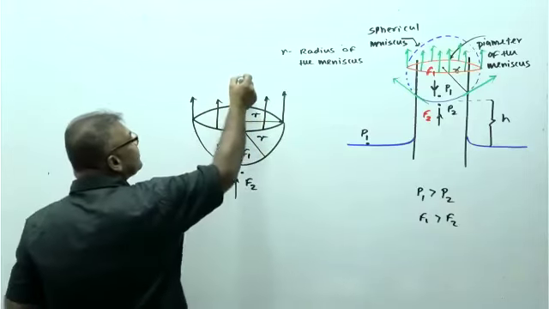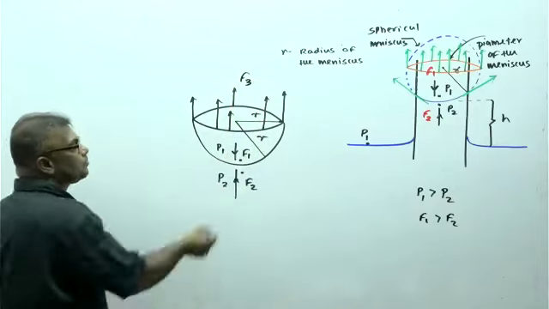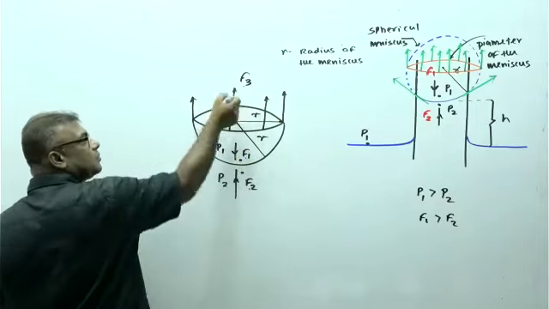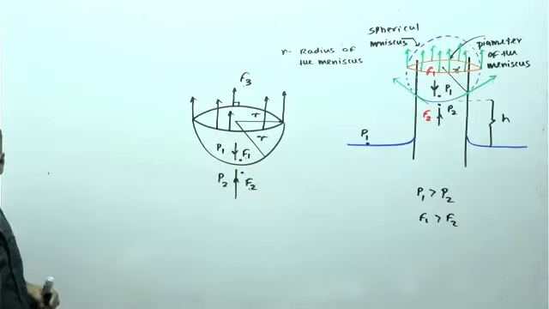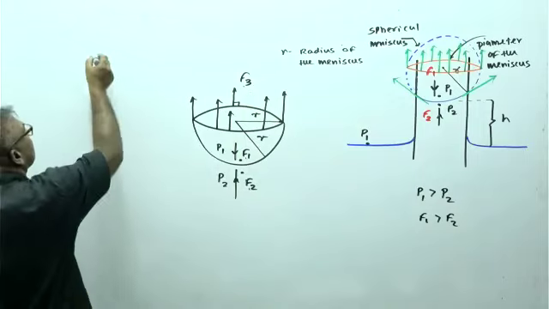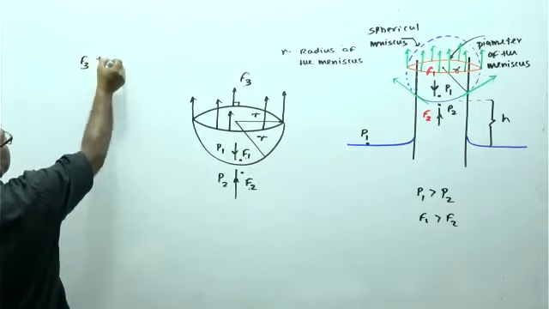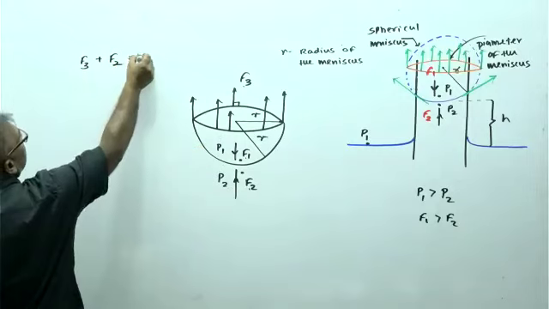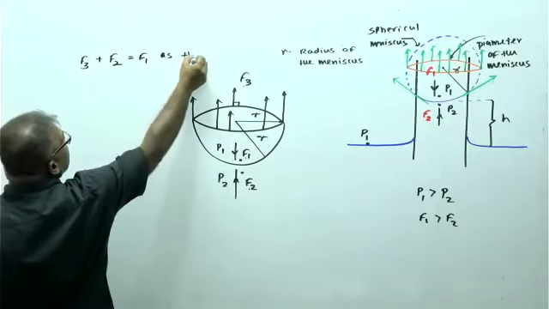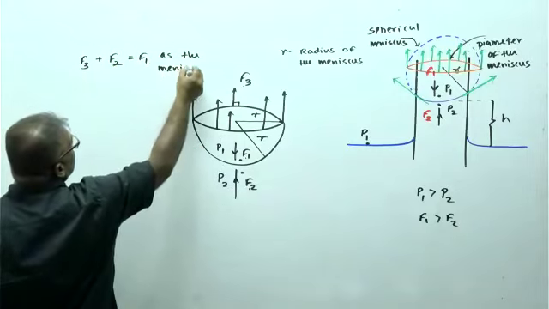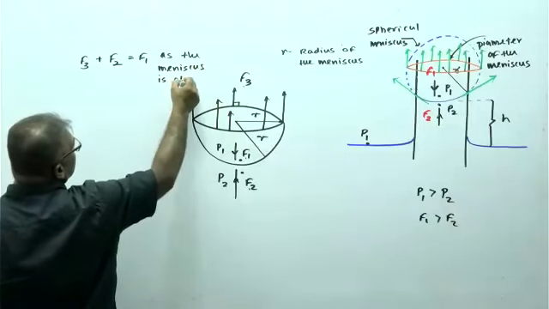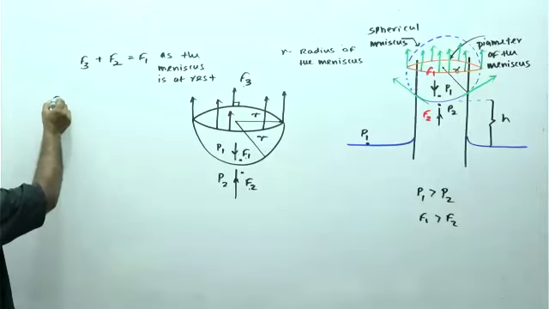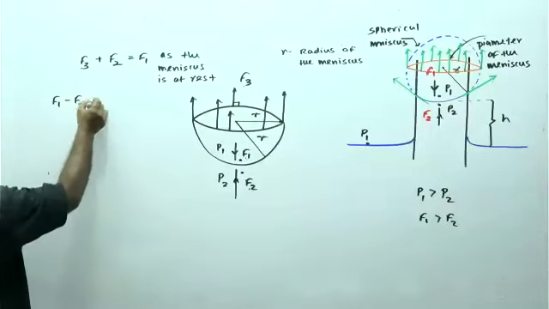Label the surface tension force F3, perpendicular to the selected area cross-section. Now we make the argument: F3 upward plus F2 equals F1, as the meniscus is at rest. So you write F1 minus F2 equals F3.